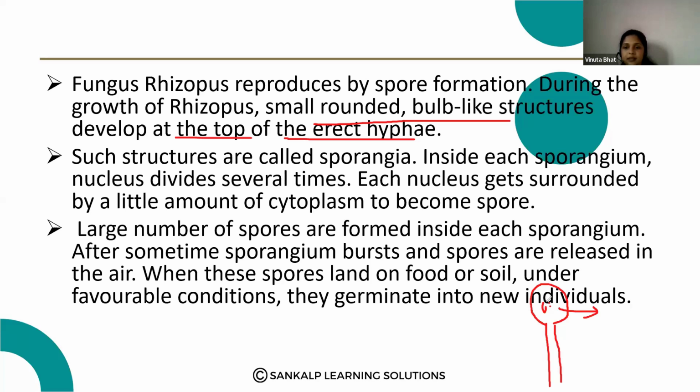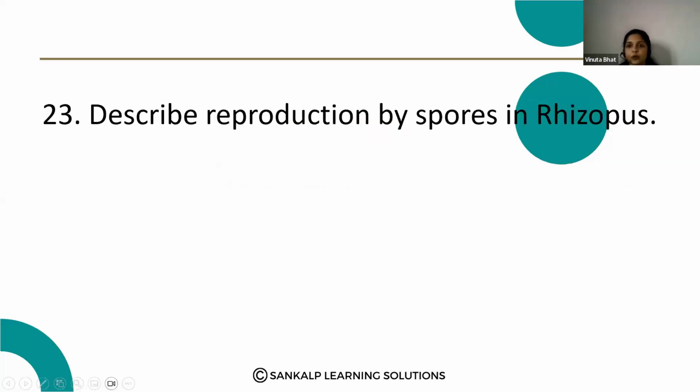The nucleus divides and forms the spores, and when the sporangium breaks down, a large number of spores are released. When these spores reach a suitable substratum, they develop into a new organism. So this is how reproduction takes place in rhizopus through spore production.